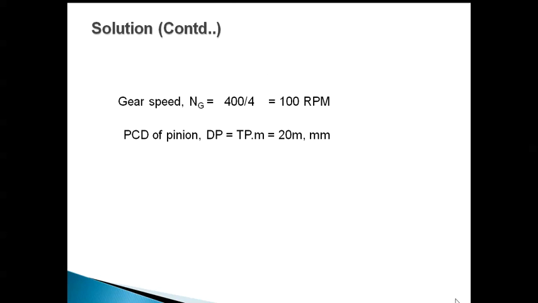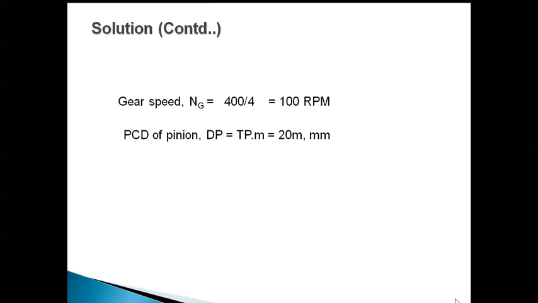The pitch circle diameter of the pinion is DP equal to TP into m, the number of teeth on pinion into module.